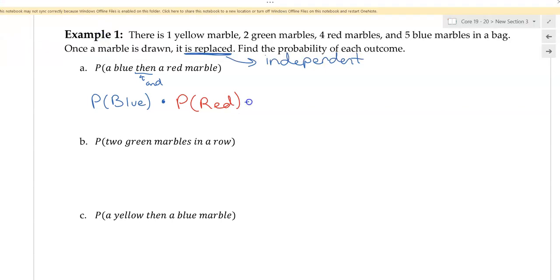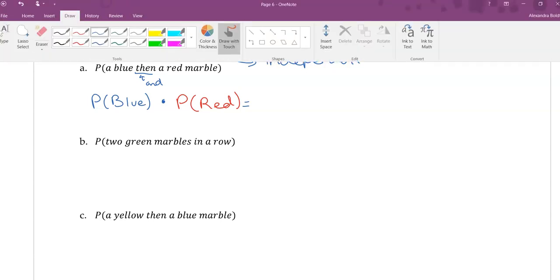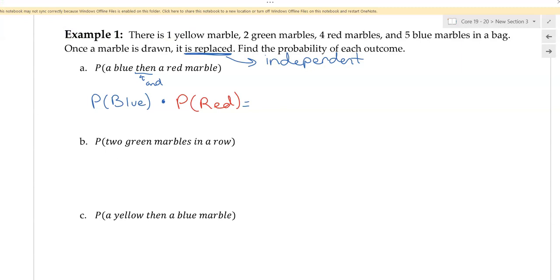When I draw my blue marble, right, there's 1 yellow, 2 green, 4 red, and 5 blue. So let's get our total. There's 1 yellow, plus 2 green, plus 4 red, plus 5 blue. And that equals 12 total.